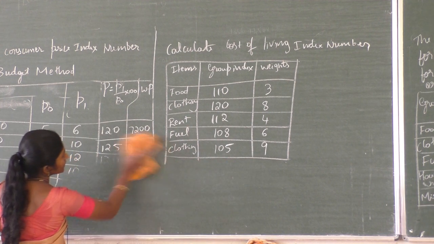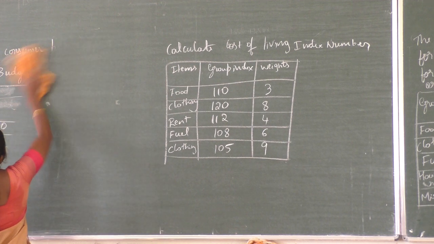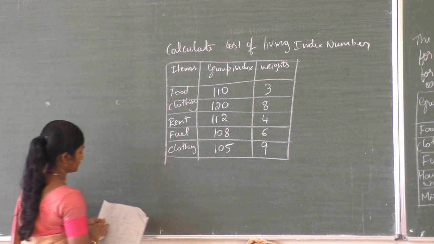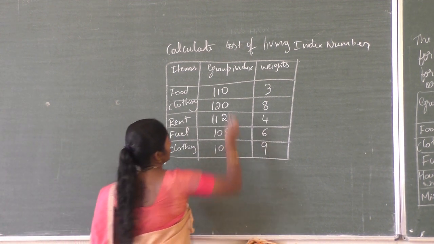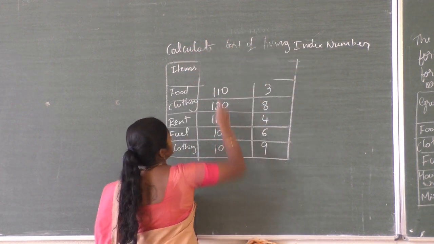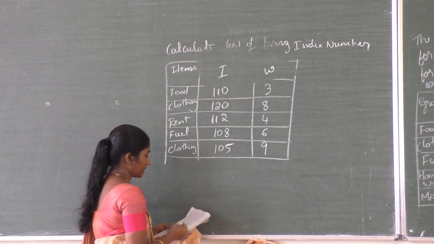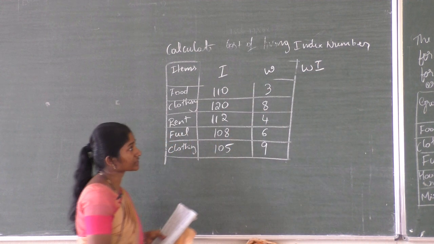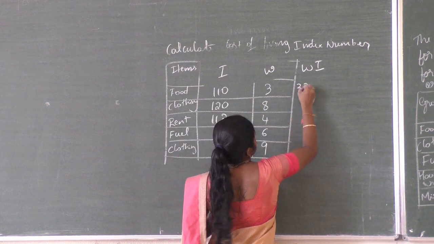I is the group index. So I will take this one as I and that one as weights, W into I. Directly multiply these two, 110 into 3, that answer is 330.